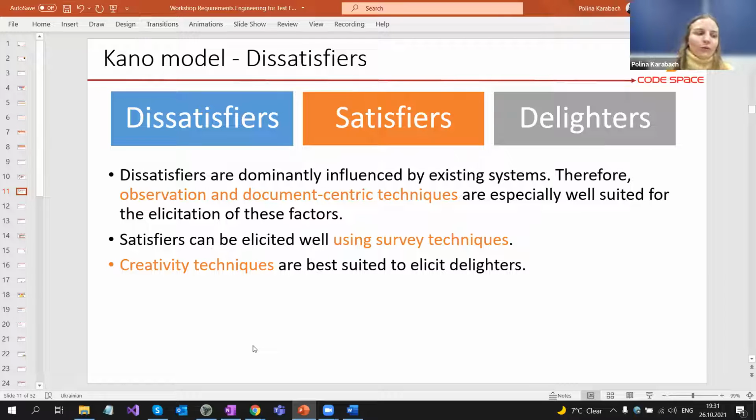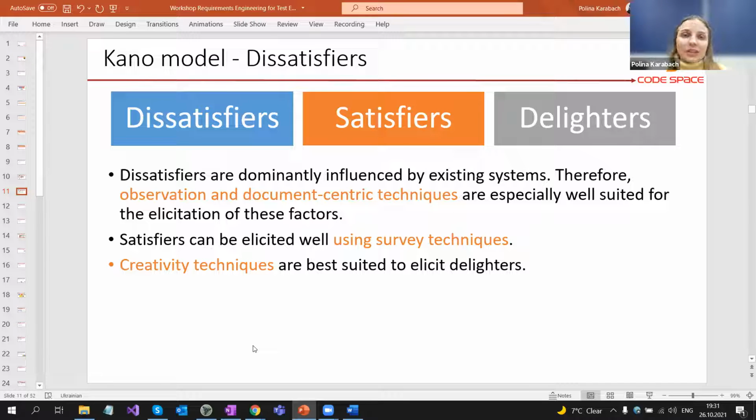And so for eliciting this type of requirements, we would use observation techniques, when we observe someone working, and we can notice these things that the user does and requires, but doesn't mention because they are obvious, they're needed.